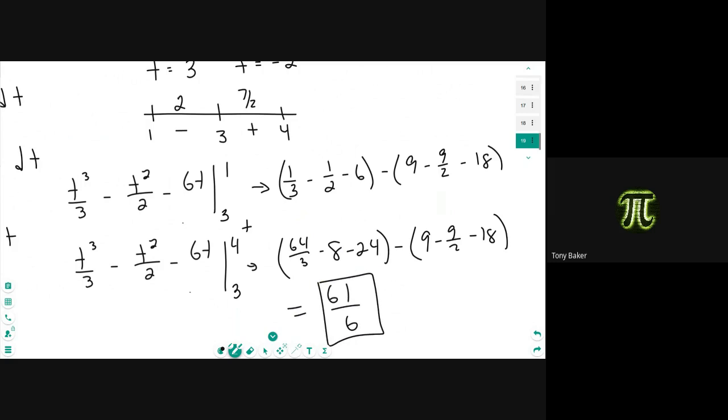Yes, because I don't feel like doing it all out. Approximately 10.17 meters. So over the course of that path from 1 to 4, it traveled approximately 10.17 meters, but only actually changed position by 4.5 meters.